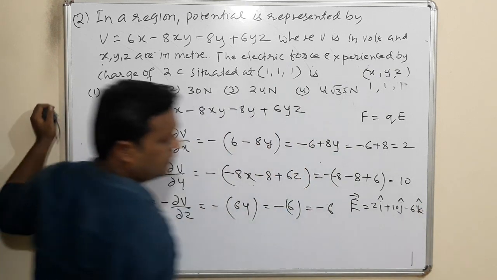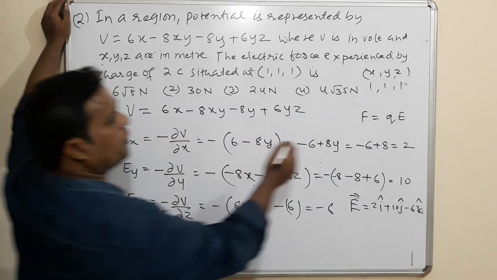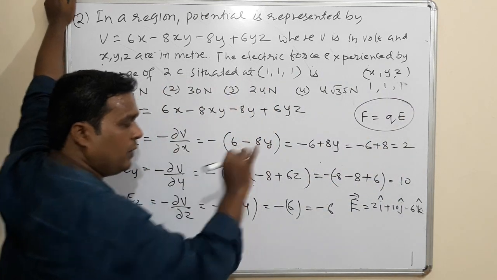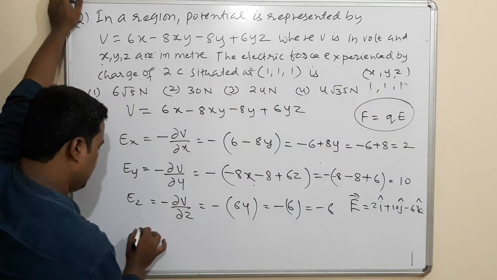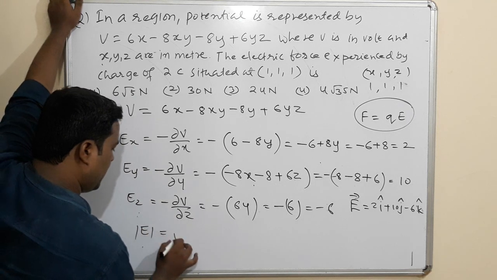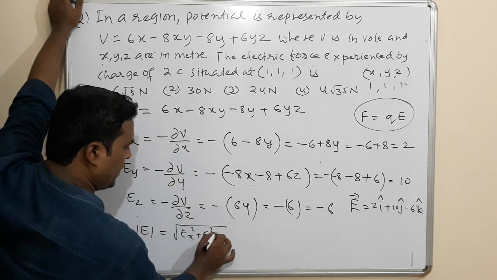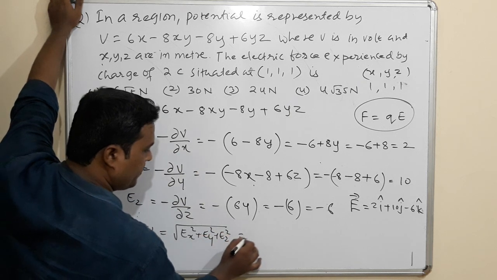This is the overall field. I want to find the force. For that I will take the magnitude of the field. The magnitude of the field formula we know: root of Ex square plus Ey square plus Ez square.